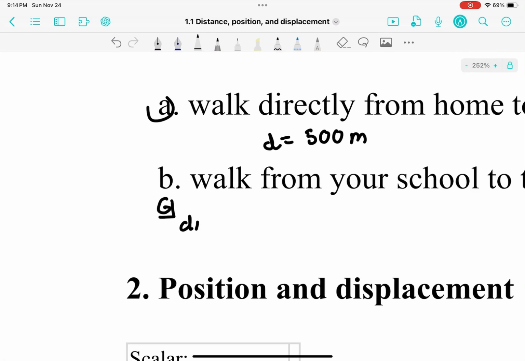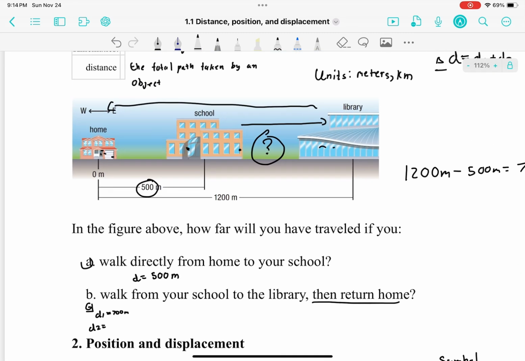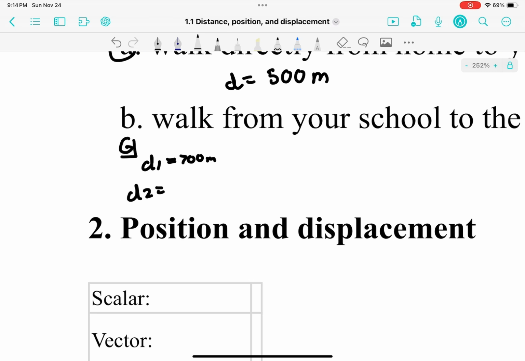From here, we can just go D1 is equal to 700 meters. D2 is equal to, then it says then you return home, which means from the library back to home, which is 1,200. So we know D2 is equal to 1,200 meters.